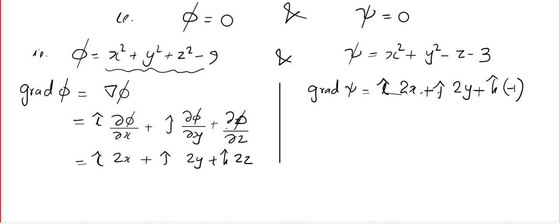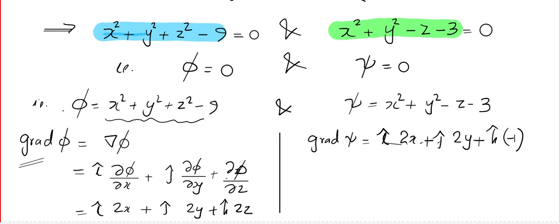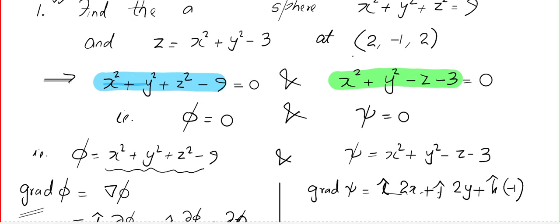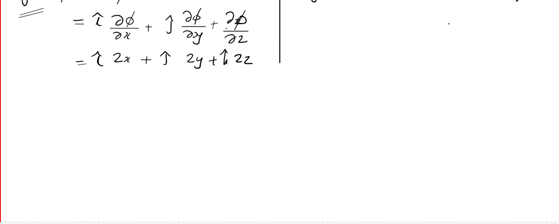But remember, gradient stands for the normal at any random point of the surface. We need two particular normals. They are asking what is the angle at this particular point. So let n1 and n2 be the respective normals at (2, -1, 2).